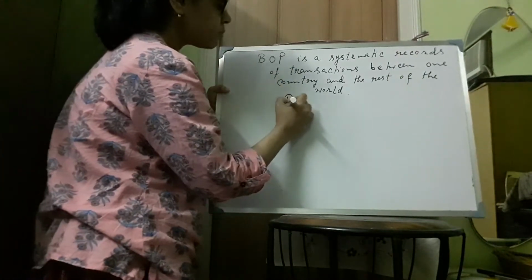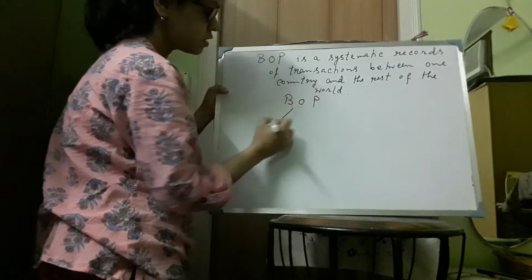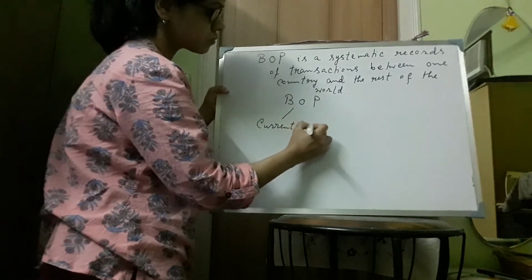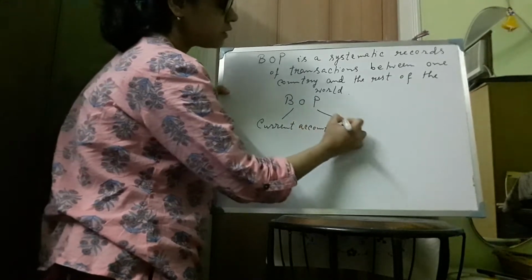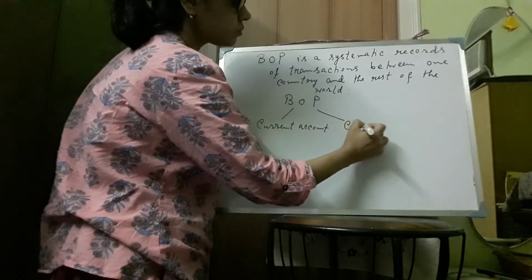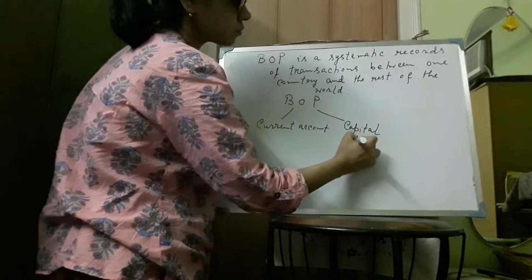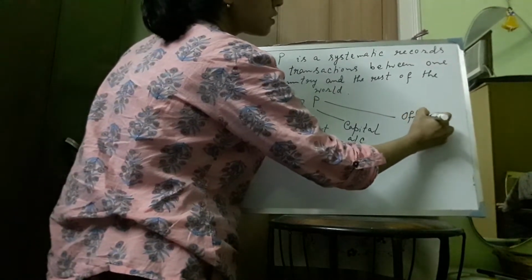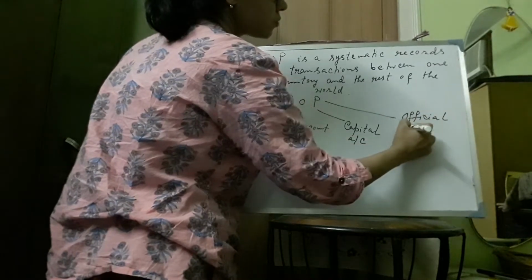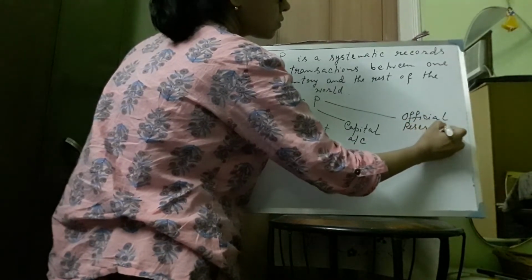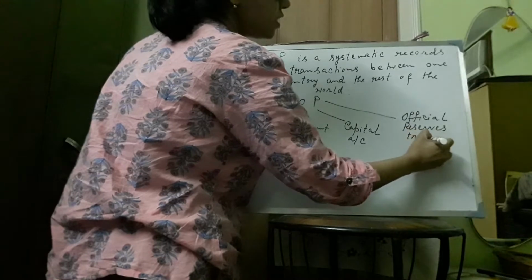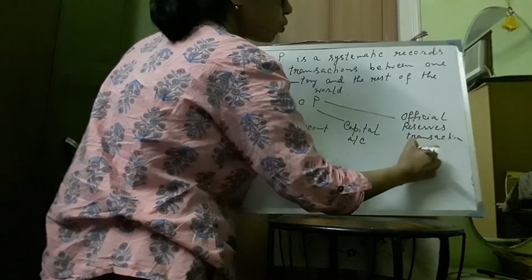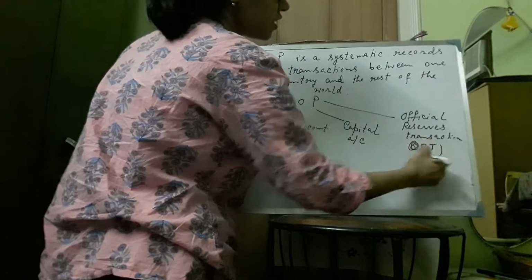Now balance of payment has three components: current account, then capital account, and official reserve transactions. In short, this is called ORT, official reserves transaction.